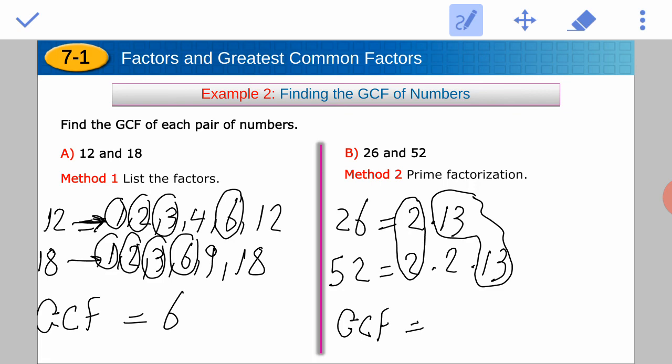I'm gonna take one single number from each pair of common factors. So from that pair, I'm gonna take 2 one time, and from this pair, I'm gonna take 13 only one time. 2 times 13 equals 26. So the greatest common factor or the greatest common divisor of 26 and 52 equals 26.